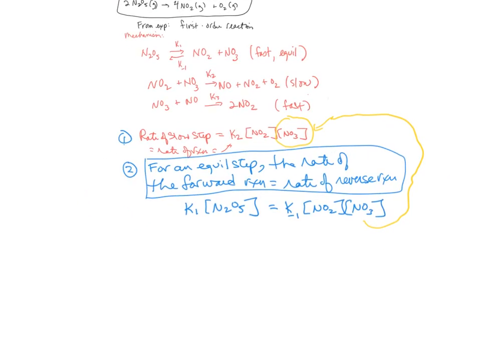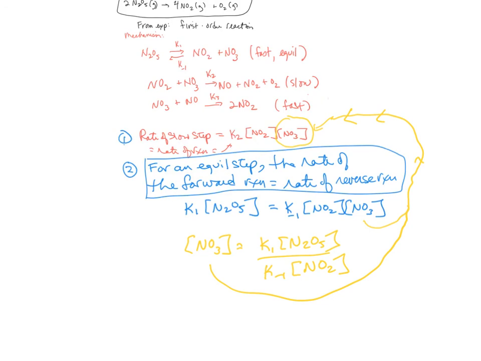All right, so then what we're going to do here is solve for NO3, nitrogen trioxide. That'll be equal to K1 times N2O5 divided by K minus 1 times NO2, right? Solve for NO3. The NO3 then will be substituted into the NO3 for the rate of the slow step.